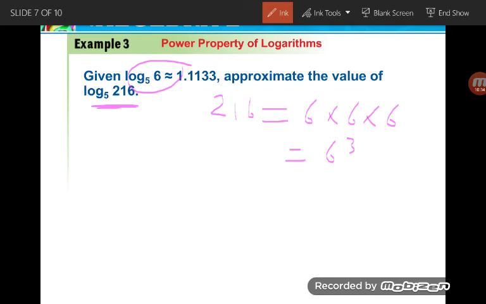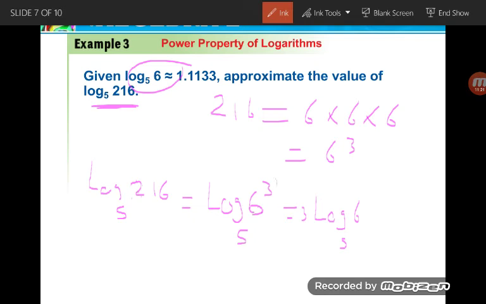So log 216 for base 5, you can write it like this: log 6 to the power of 3 for base 5, which is equal to 3 log 6 for base 5.